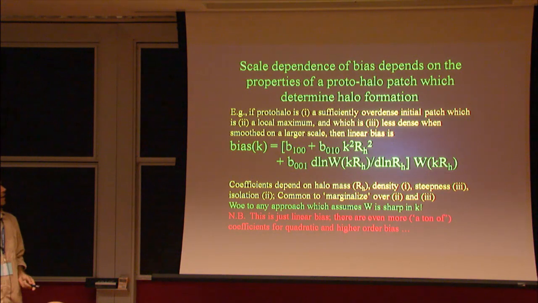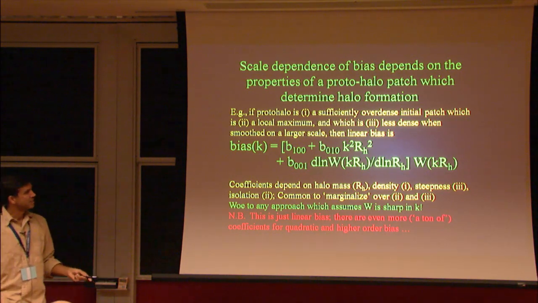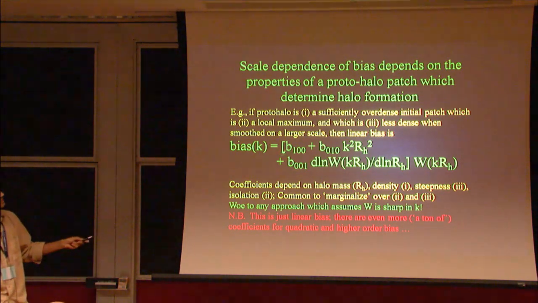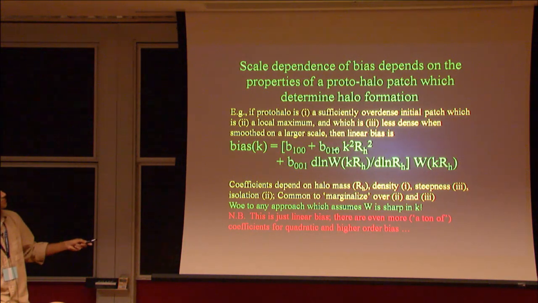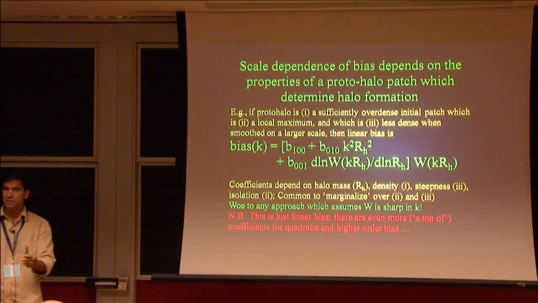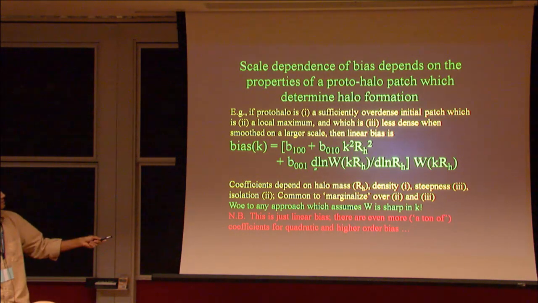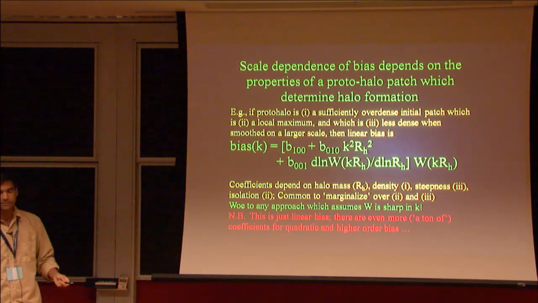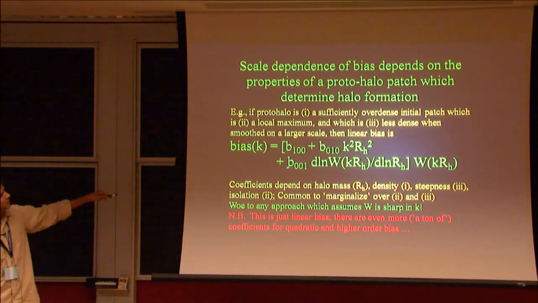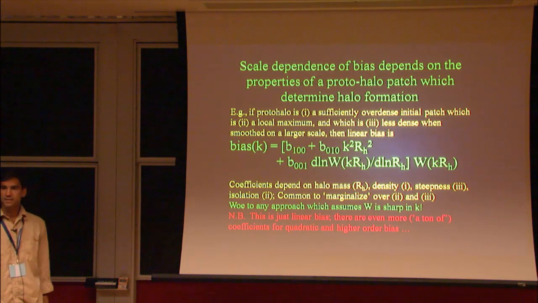One of the pains in this game is that, here, this is constant bias. This one is coming from the peaks constraint. This one is coming from the fact that if you change the smoothing filter, you should still be above the critical density. So it was how you change the smoothing filter that made a difference. Each one of these comes with its new k dependence.